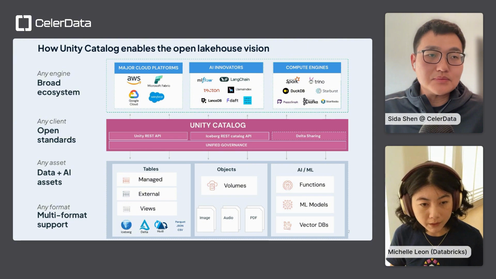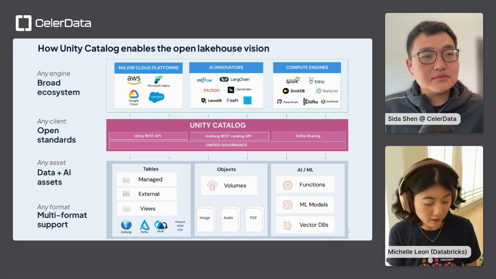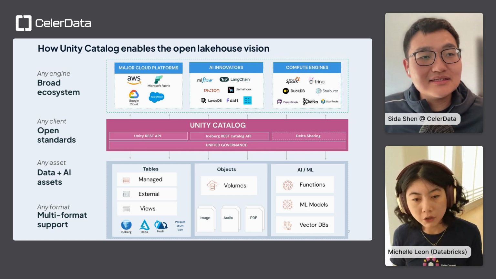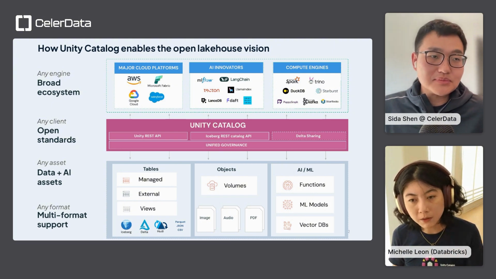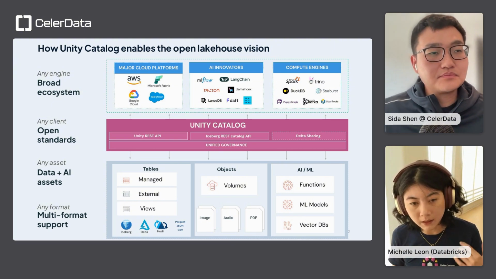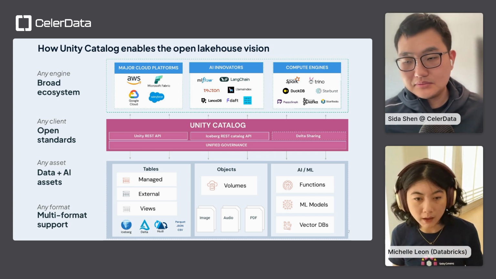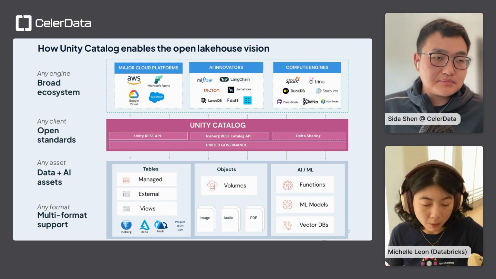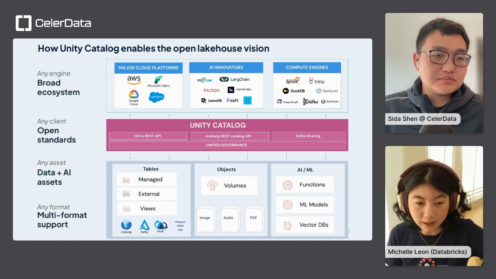A little bit of what this looks like under the hood, although this is obviously not an actual services architecture diagram: you have Unity Catalog here, exposing these open interfaces, the Unity REST APIs and the Iceberg REST Catalog APIs as well. In the future, we intend to add Delta Sharing to the open source Unity Catalog server. And all of these provide unified governance across all of your different data and AI assets.